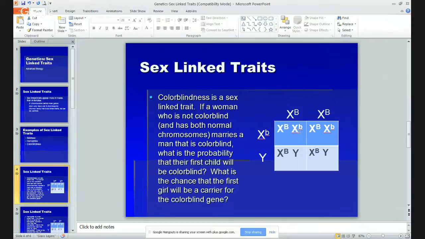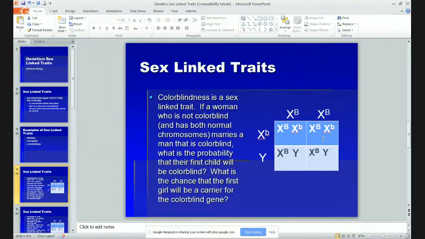However, they would carry that one chromosome or that trait from dad. So they would have inherited, because that's the only X that dad can give. He doesn't have a normal allele to give. But mom does. So the girls would inherit the normal chromosome from mom and then the colorblind chromosome from dad. So they would both be carriers.